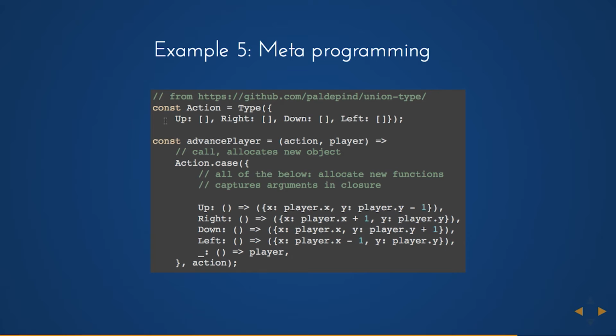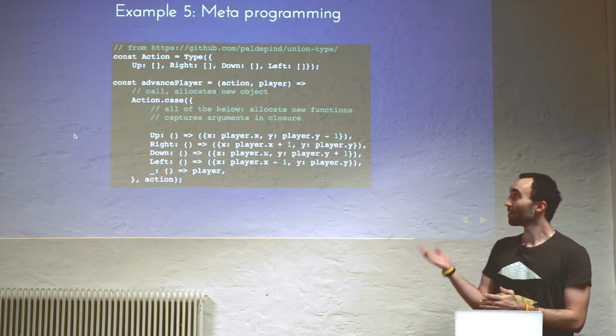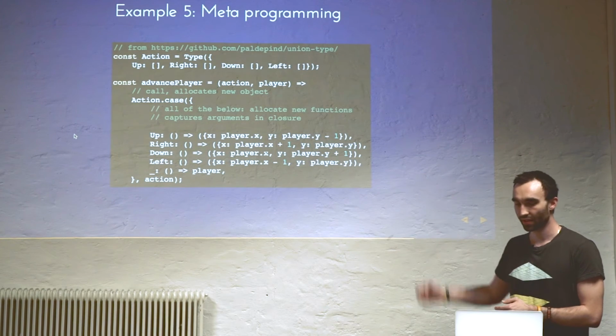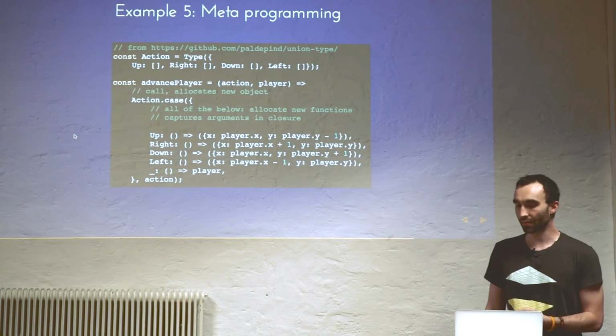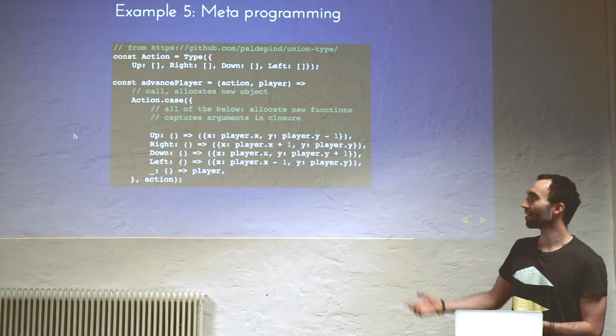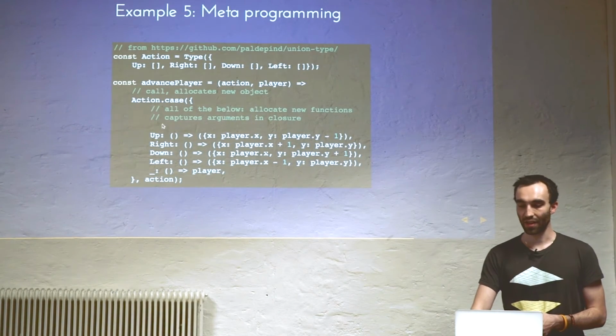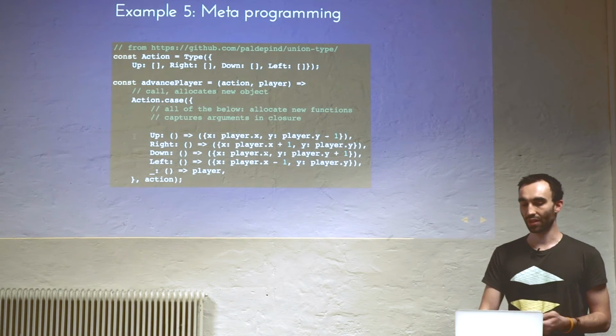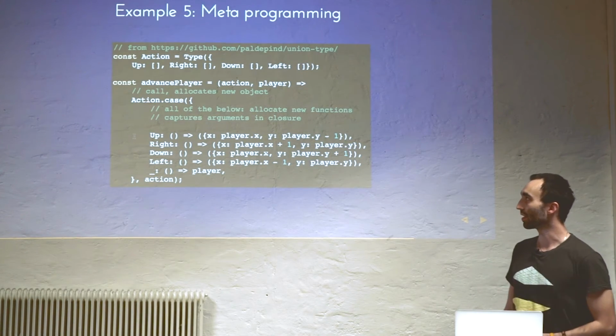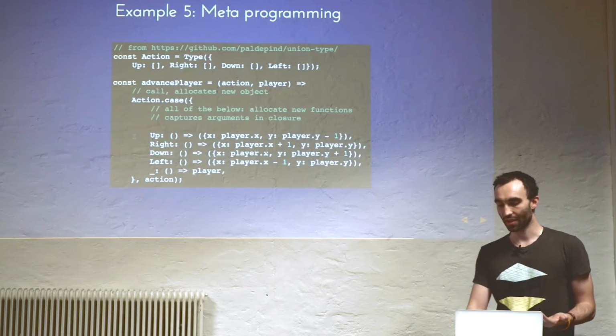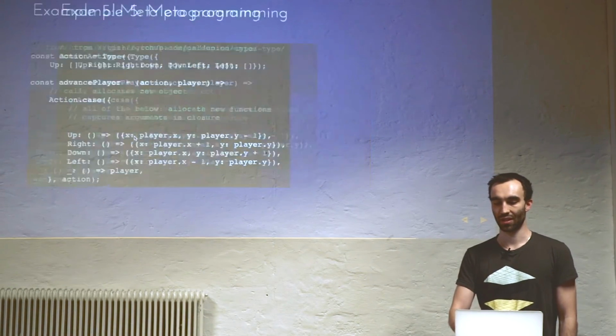And it could theoretically also have some parameters. And you can case or match on them and actually use union types as they are meant to be used. The problem here is, I've annotated this code example: there's a lot of function calls, and every one of these arrow functions is allocated every time you're doing a match or a case expression here. And it's just something that should be avoidable.